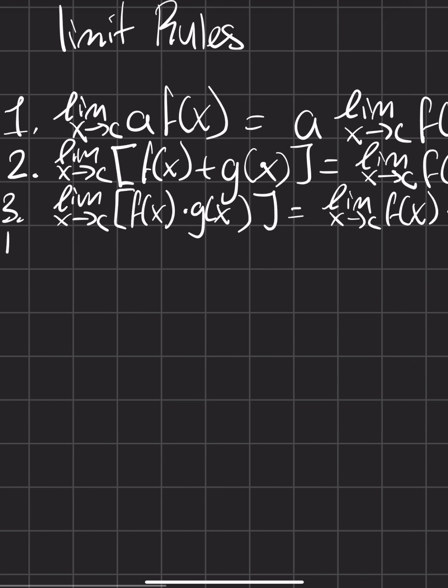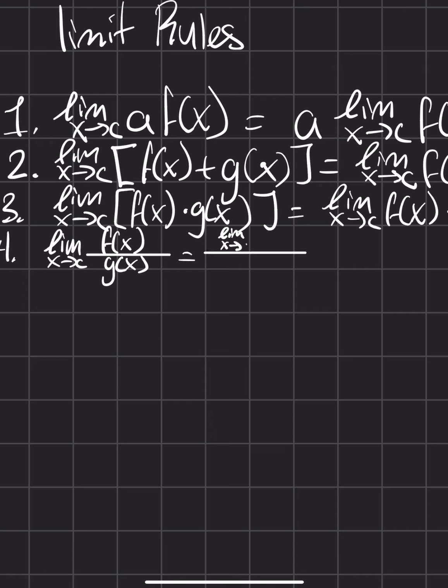Now, the last rule that we have here is that if you have the limit as x approaches c of f of x divided by g of x, this is going to give you, as you may guess, the limit as x approaches c of f of x divided by the limit as x approaches c of g of x, right?